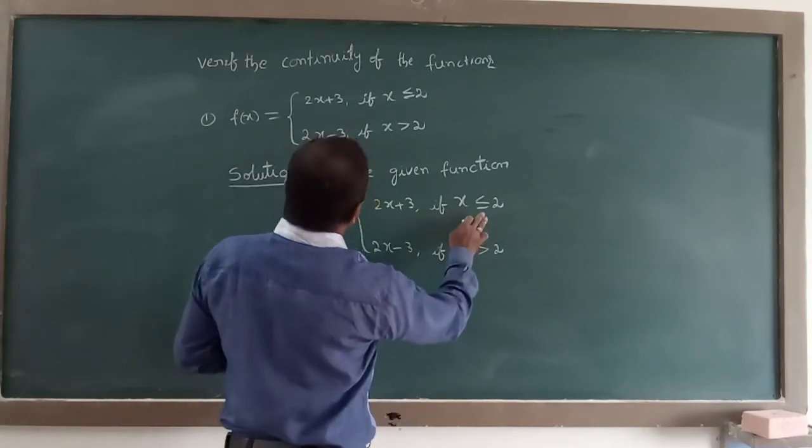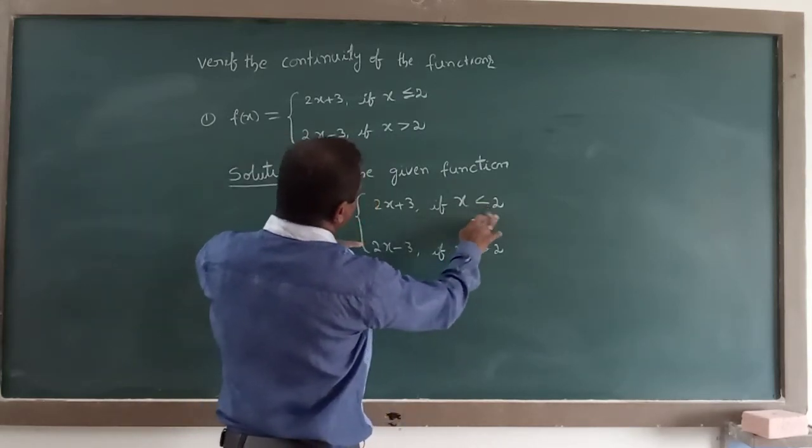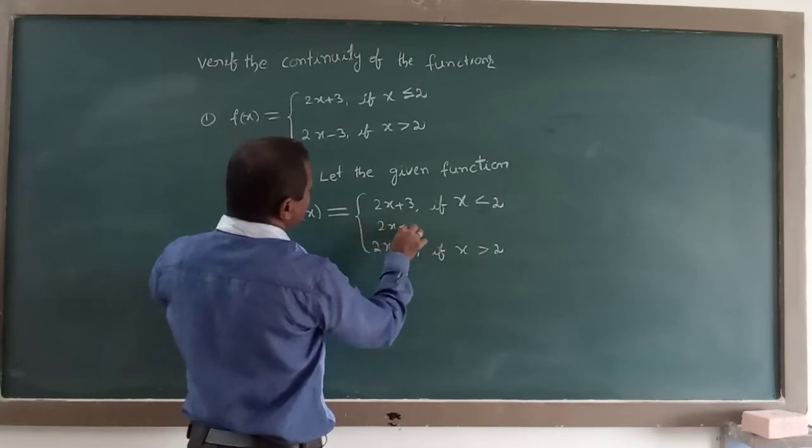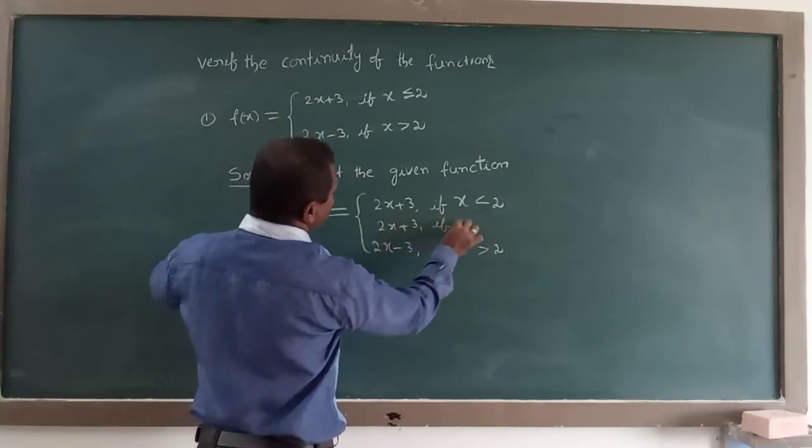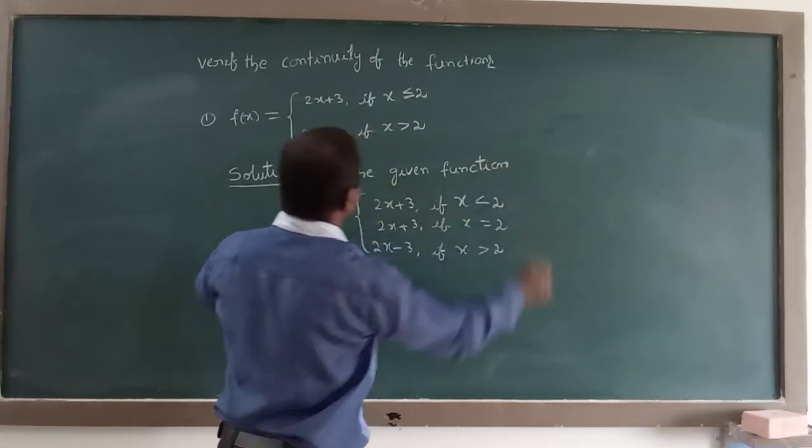That's why 2x plus 3 belongs to less than 2, and it also belongs to x equal to 2 here.